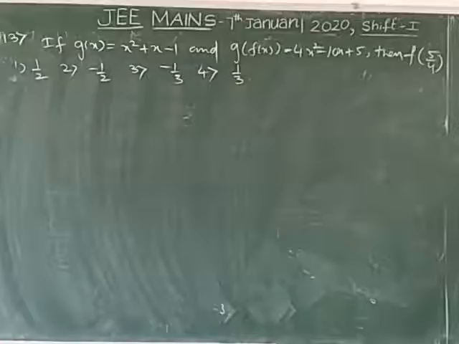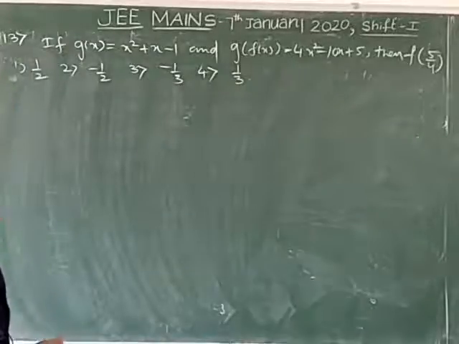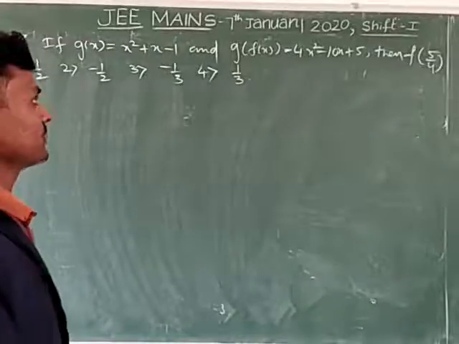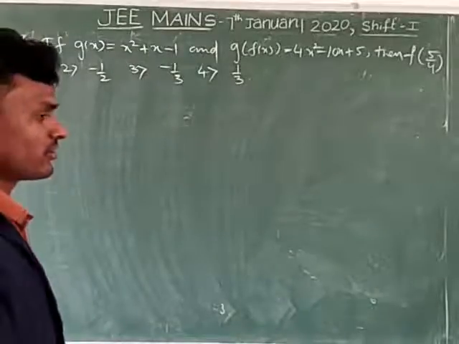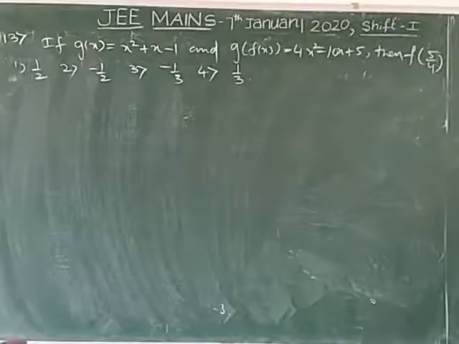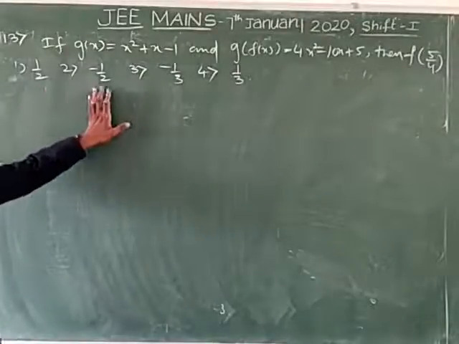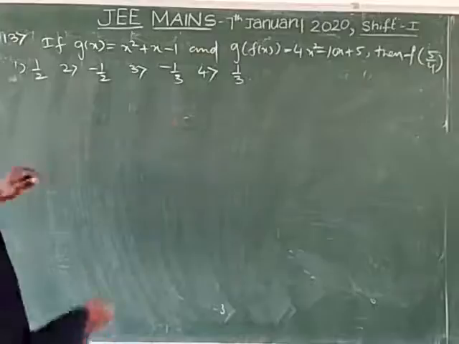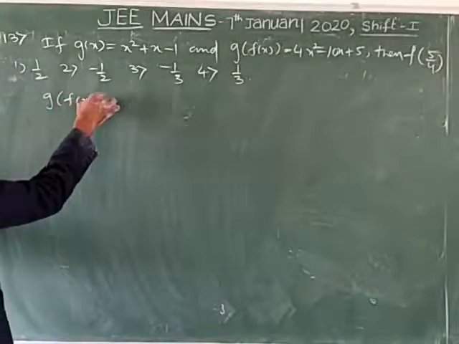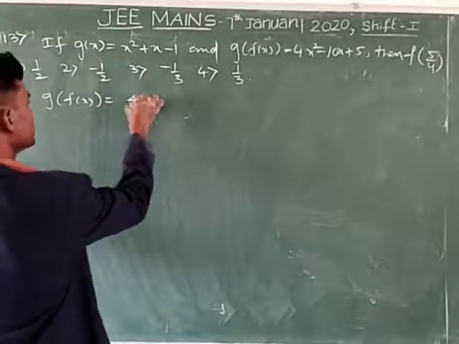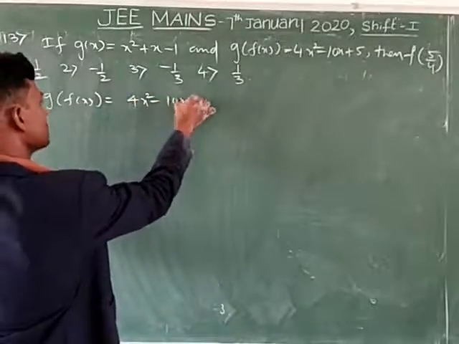Next question, the 13th one. If g(x) is equal to x square plus x minus 1 and g(f(x)) is equal to 4x square minus 10x plus 5, then find f(5/4). Now you have to write g(f(x)) is equal to 4x square minus 10x plus 5, as given.